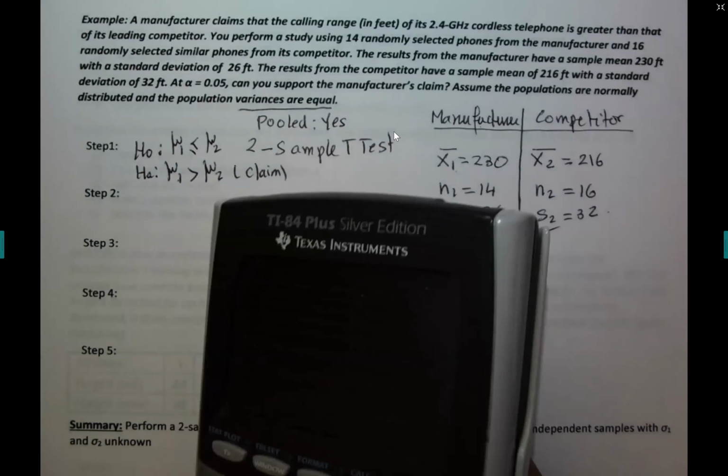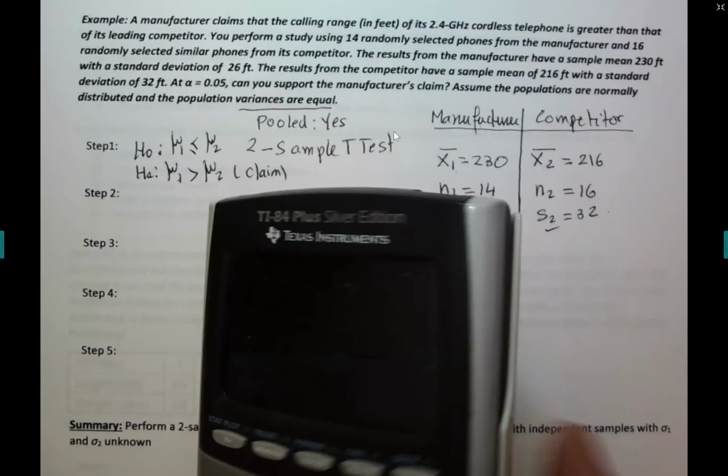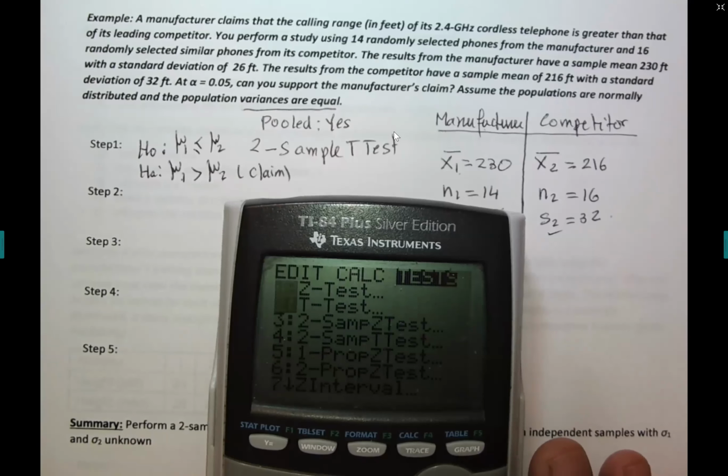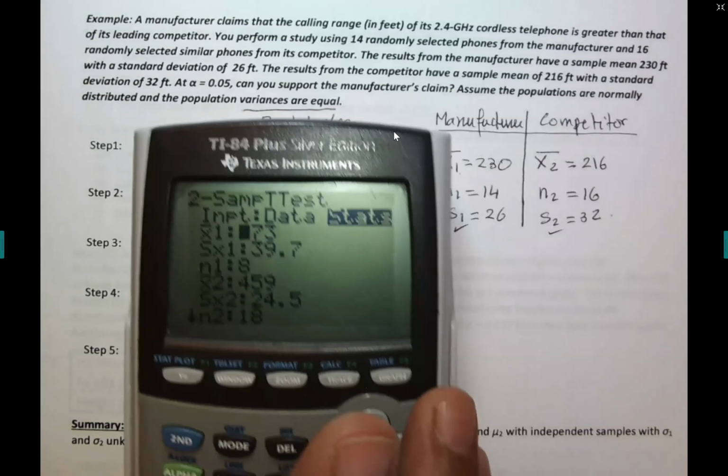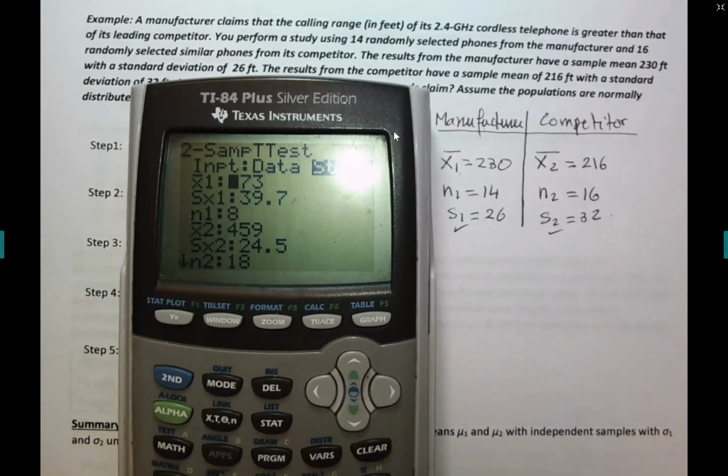All right, let's run the test. Stat tests, two-sample t-test, stats. Okay, X1 bar, let's do it together. So we have 230.